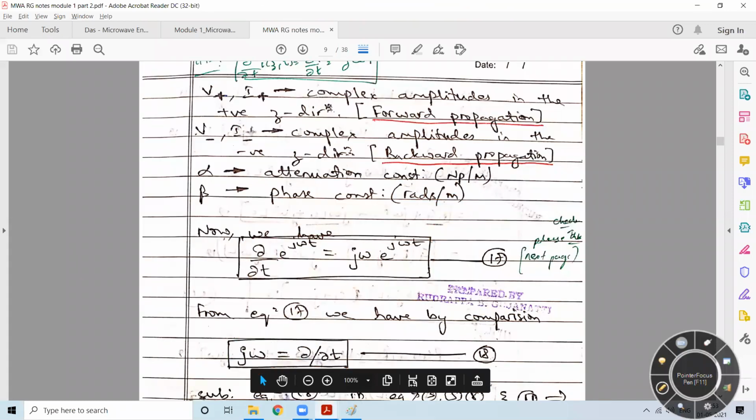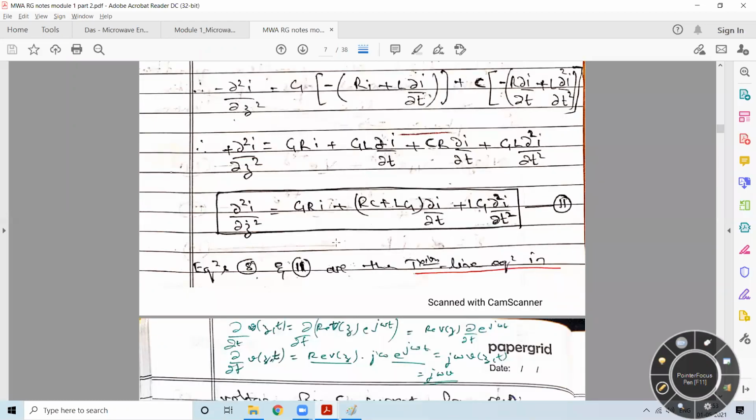Why are we discussing this? In later equations, we will be replacing these parameters in the previous equations that we had obtained. In the transmission line equations, we had dou I by dou t, so dou by dou t will be replaced with j omega. Here, dou square by dou t square will be replaced with j omega the whole square.